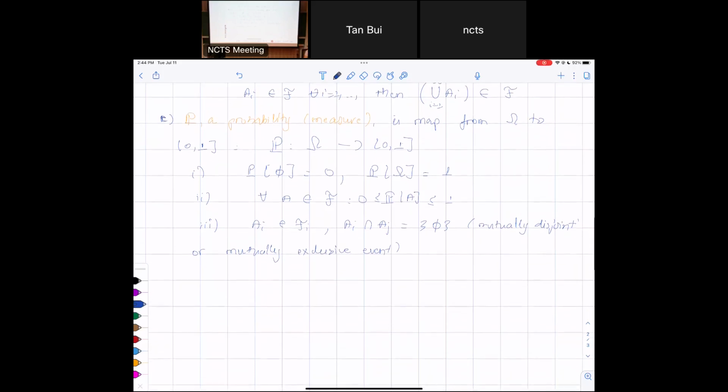But probability people typically have a different name, or a more intuitive name for it. You can think of it that way.